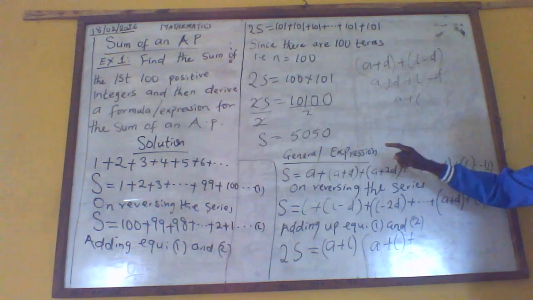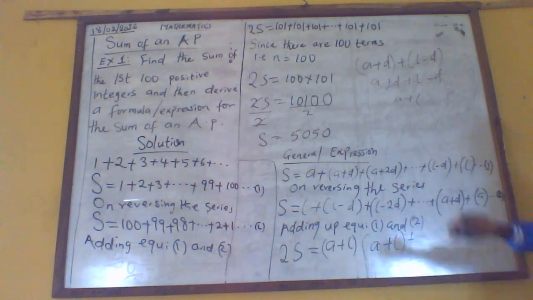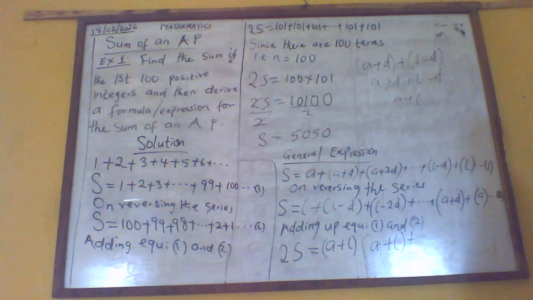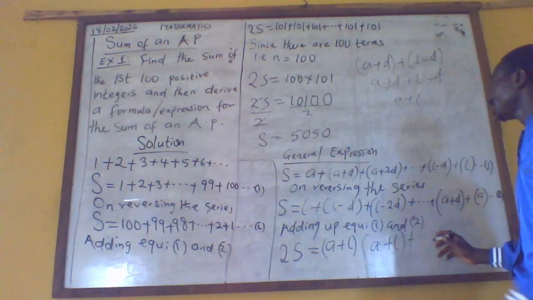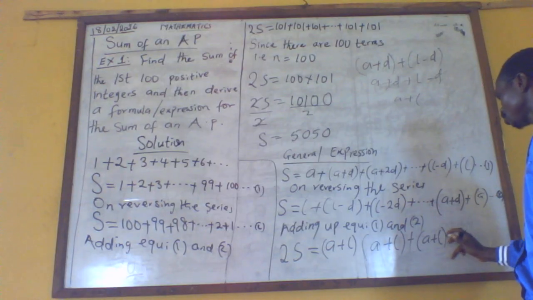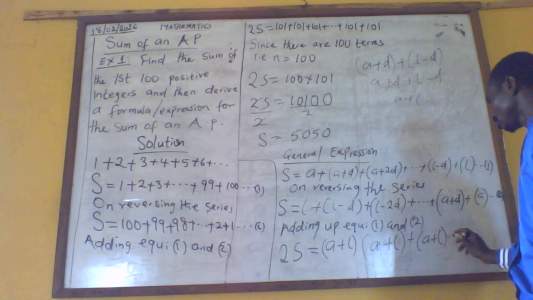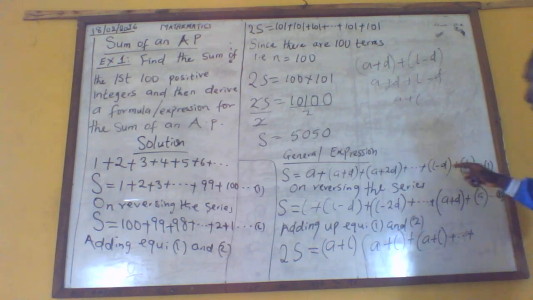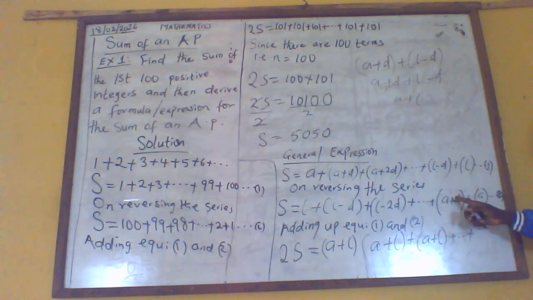A plus 2D plus L minus 2D will still give you what? A plus L. The same way. So you have A plus L, like that. L minus D plus A plus D is still what?